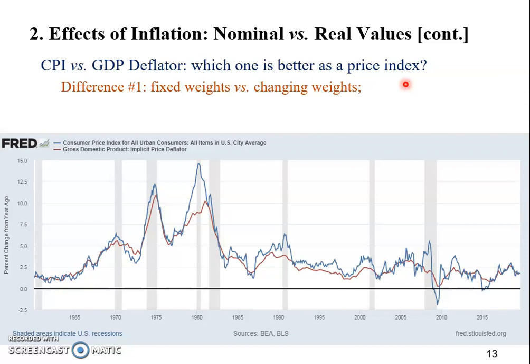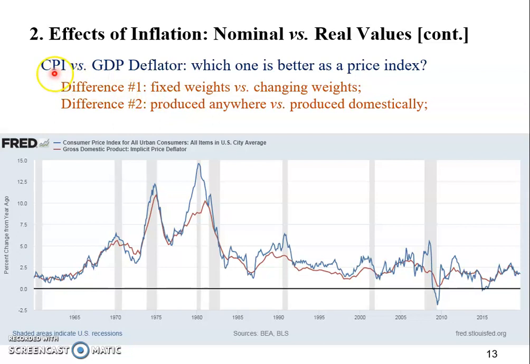It's not fixed. The second difference is, when we look at the CPI, we said it covers consumption goods and services we spend money on, but we did not say it has to be produced within the US territory. So it could be produced anywhere. For example, if many of us purchase a German beer, that would go into our CPI fixed market basket.